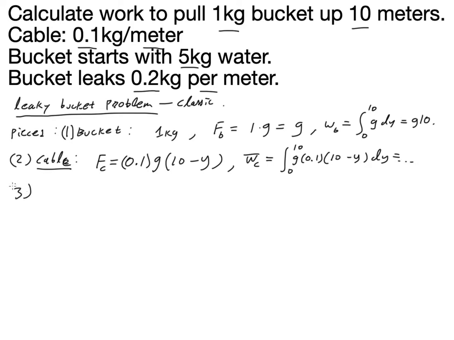Okay, finally, now we have a leaky bucket. All right, so this is the water in the bucket. Okay, so we have the force on the water due to gravity, and it's going to be g again, times 5, right? And this is going to be a function of y here.